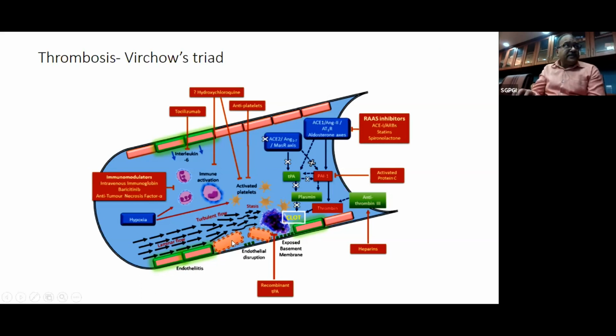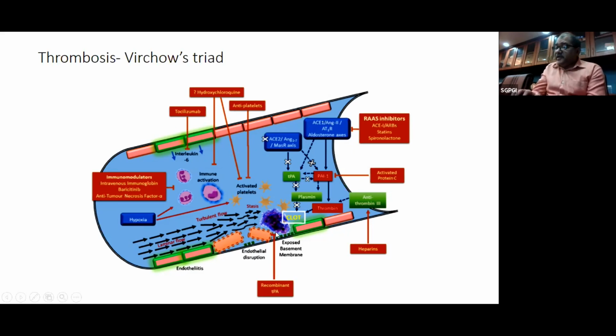And once it goes there, it damages the endothelial cells. Once the endothelial cells are damaged, the basement membrane collagen and tenascin C are exposed. Once the basement membrane collagen and tenascin C are exposed, platelets become activated.